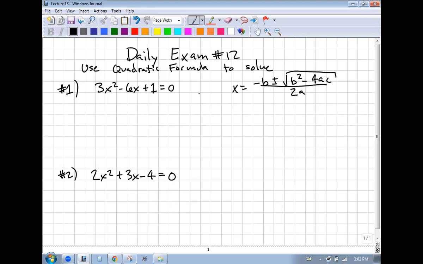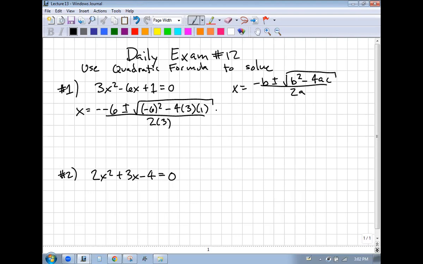Those are the solutions to any quadratic equation. So our solutions here, we have negative b, and b is negative 6, plus or minus the square root of b squared minus 4ac, all over 2a. So there's our answers.